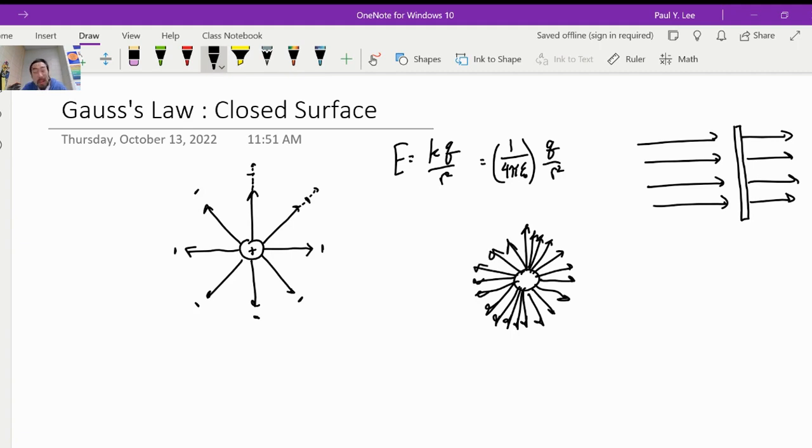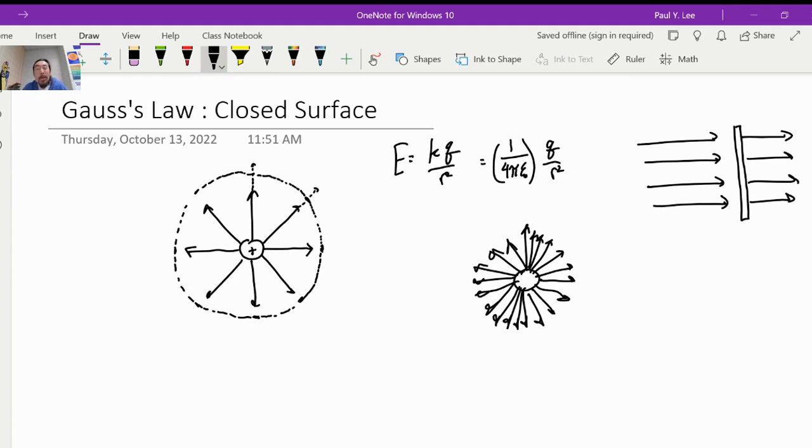So we have to have a teeny tiny window for all of those E field lines. If you do that, I'm not going to draw it all, but what we end up with is a circular drawing. Look at all those teeny tiny windows.